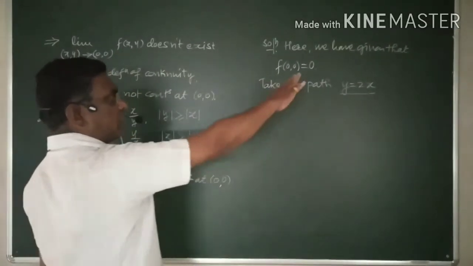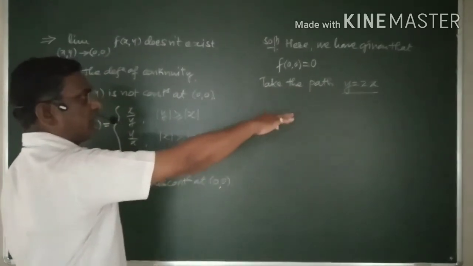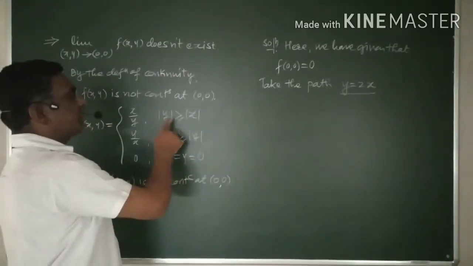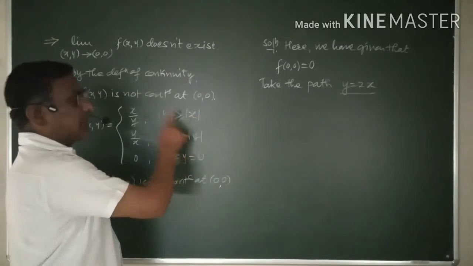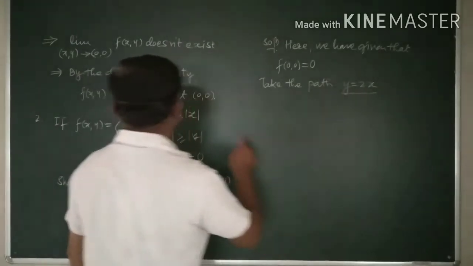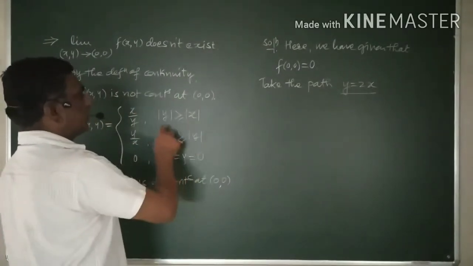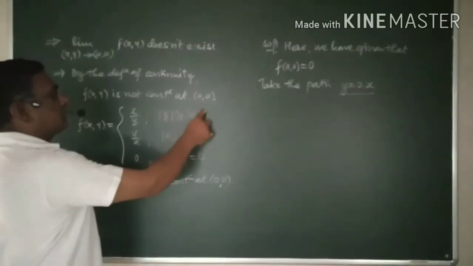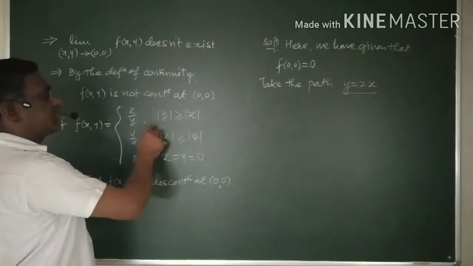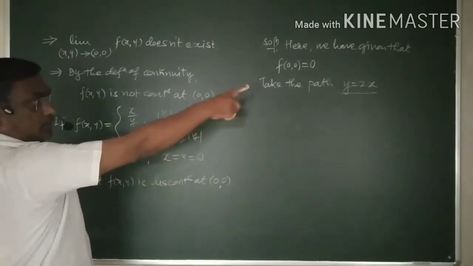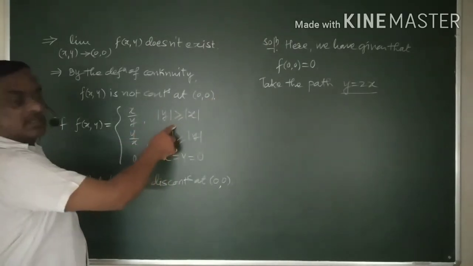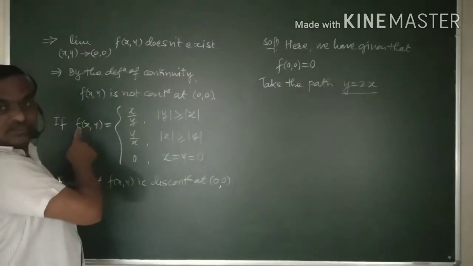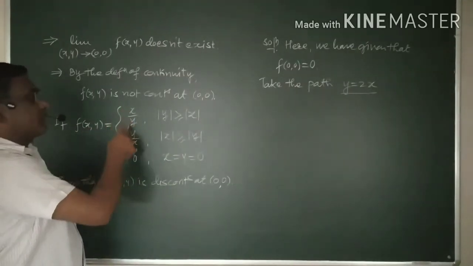If I take the absolute value of y, it will always be greater than or equal to the absolute value of x. This path satisfies the very first condition. Whenever a path satisfies the first condition, over this path I need to consider the definition of function f of x comma y as x upon y.